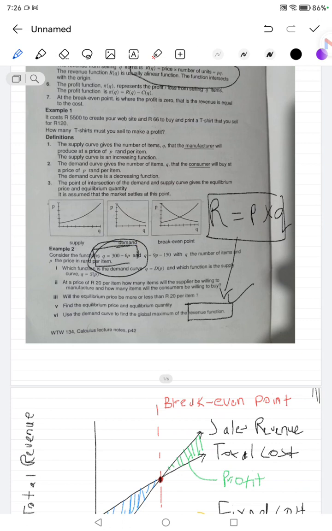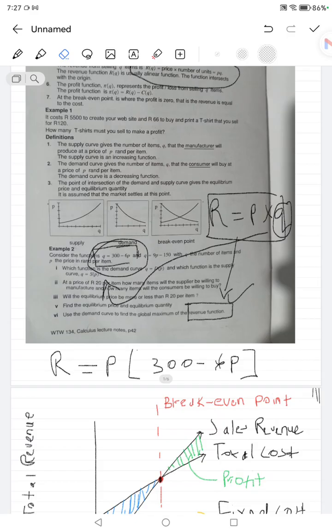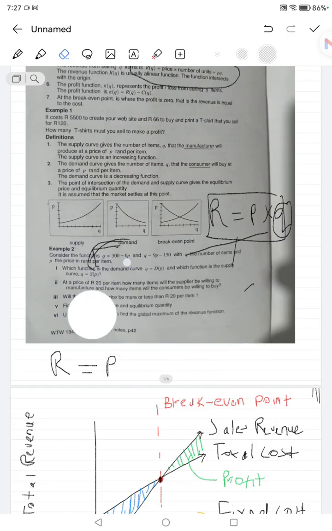Where we see this Q here, we basically replaced it, so R equals P times (300 minus 6P). After multiplying by the P throughout, that's when you start using those first derivative rules from theme 4, you see.